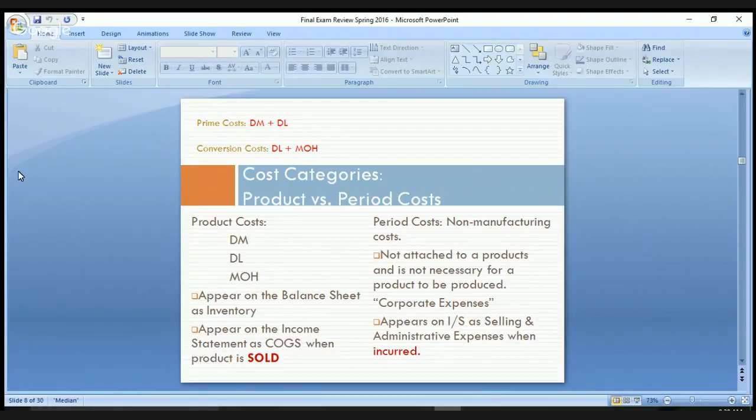It's not the actual making of the product. So period costs are the non-manufacturing costs, not attached to a product, that are not necessary for the product to be produced. They're corporate expenses and appear on the income statement as selling and administration expenses when incurred.